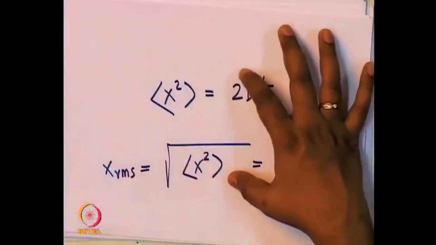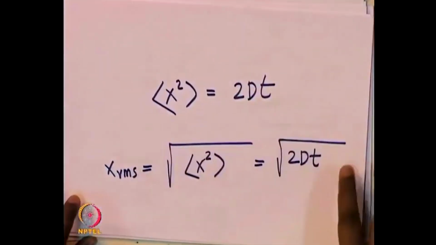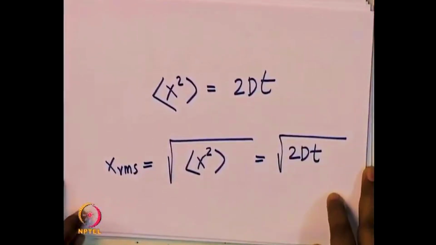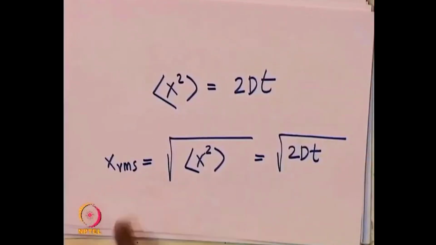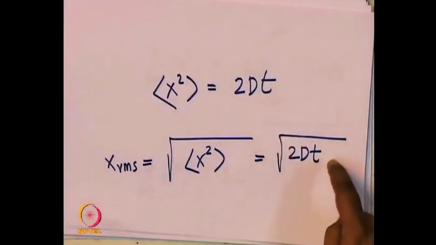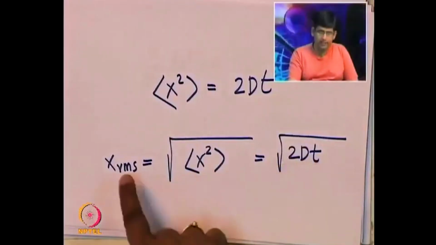Look at this once more: x square average is 2dt. What does this mean? The RMS distance means the average distance that this molecule would go to either side. That is the RMS distance this molecule will diffuse in a time t, which is x RMS.